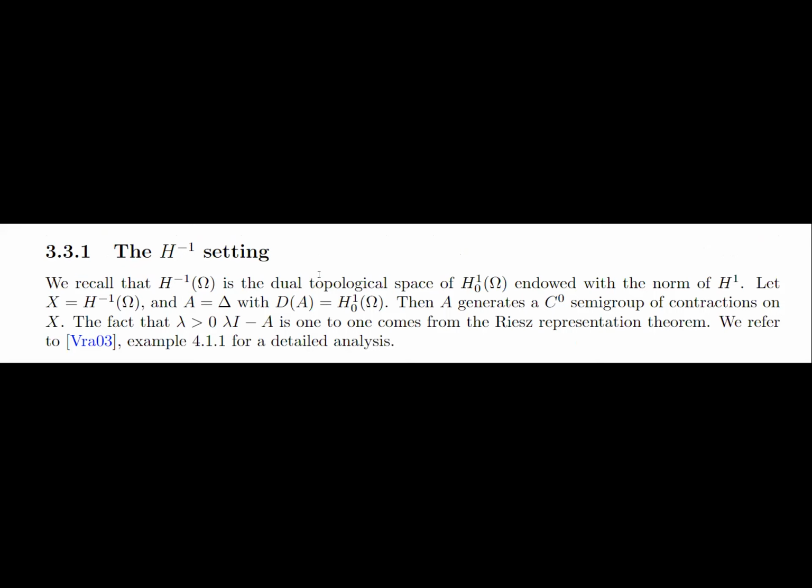I remind that the dual space is the space of linear functionals, continuous with values in R, defined on a Banach space. And here the Banach space is H^1_0. So here, the first setting that we could do is to take X as H minus 1.